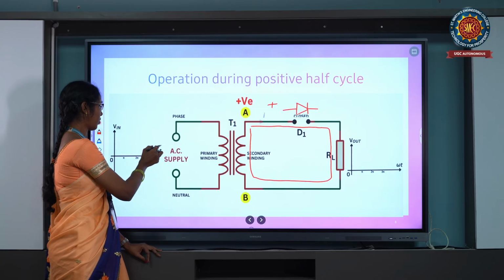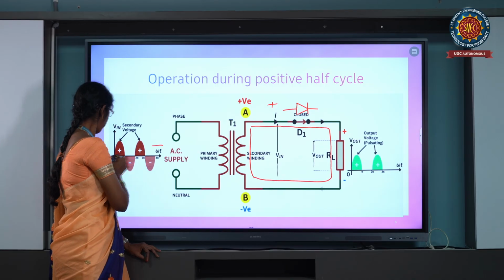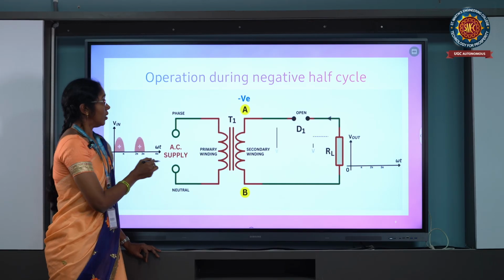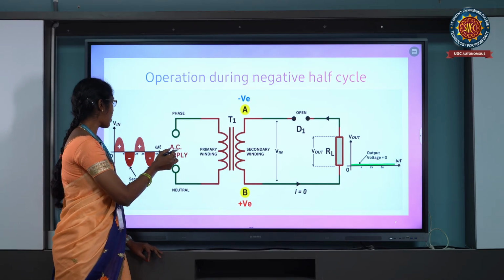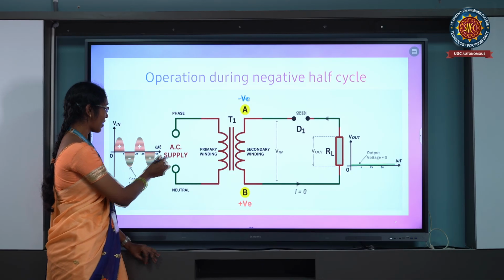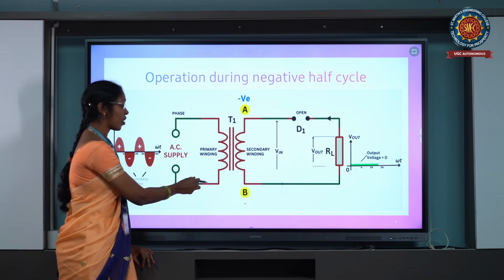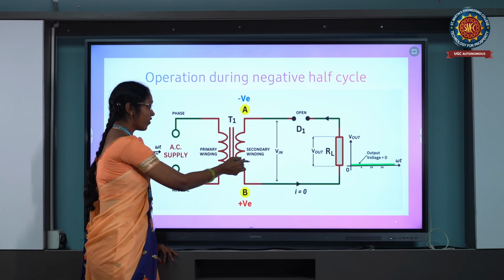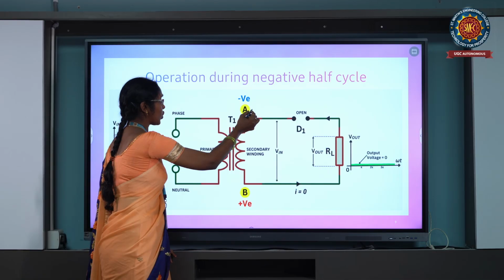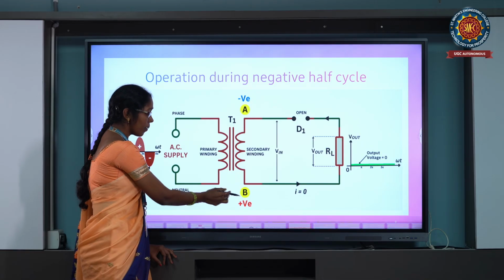Coming to the negative half cycle, here we are applying a negative half cycle of the AC sinusoidal voltage to the primary winding of the transformer. At the secondary winding, we are getting a negative voltage at the A terminal and positive voltage at the B terminal.